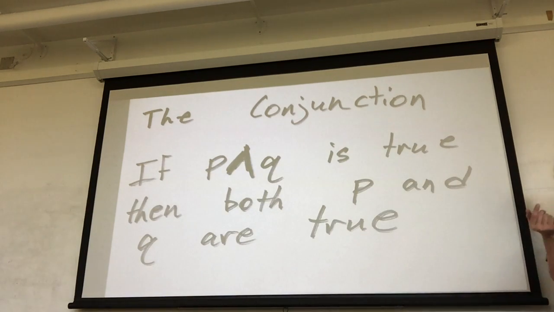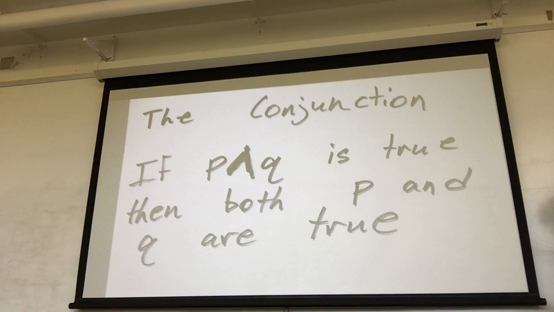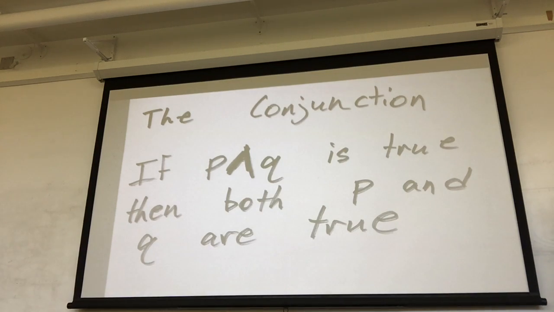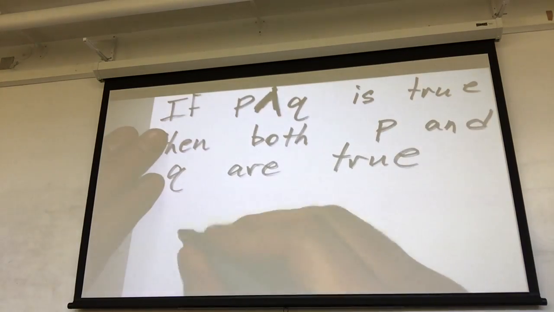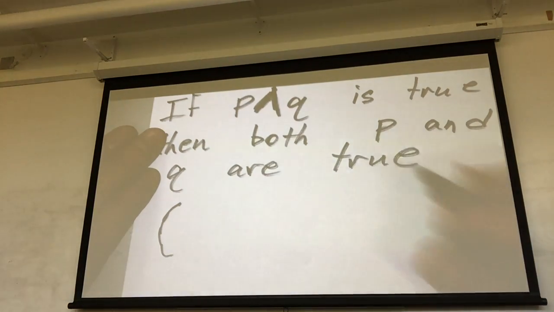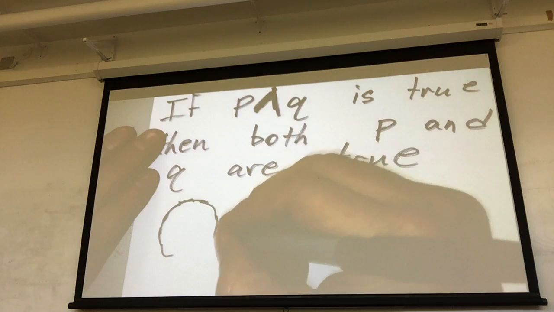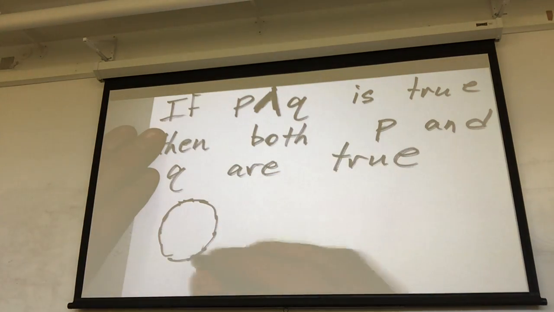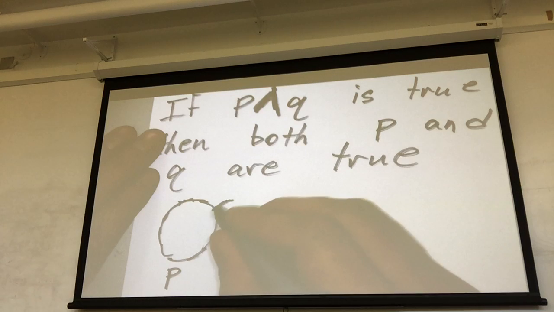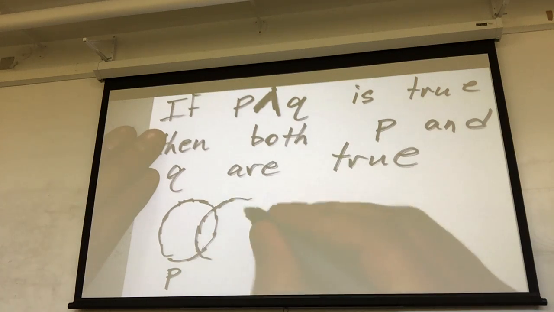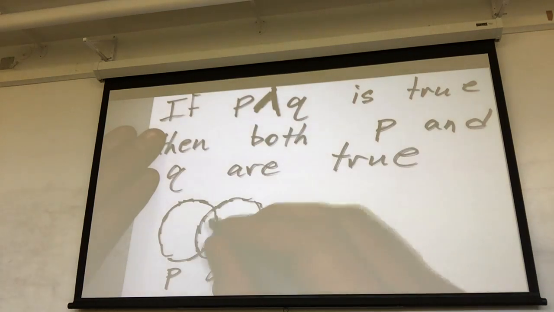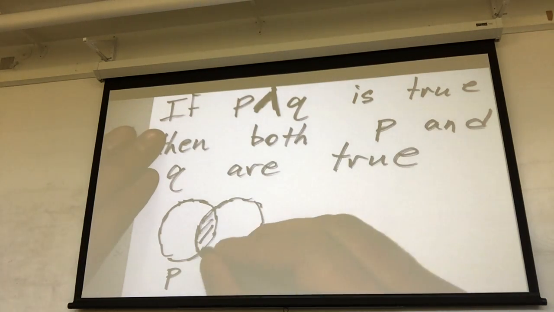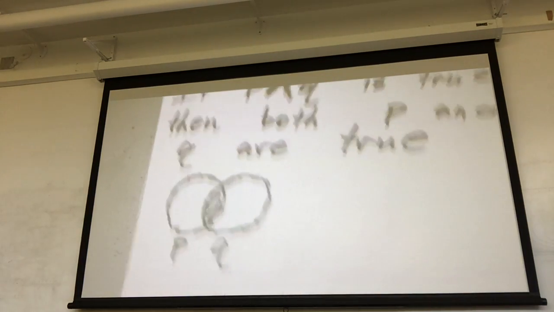So as a Venn diagram, let's say this would represent the truthfulness of P, and this will represent the truthfulness of Q, and it would end up being the intersection of these two.